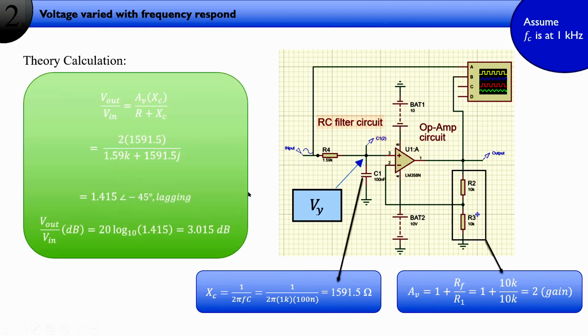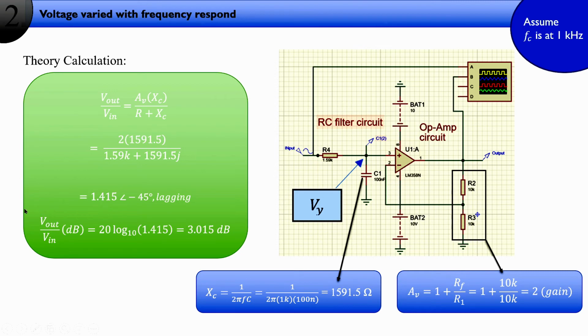To calculate the transfer function of this circuit, we use the transfer function in the s domain of Av times XC over R plus XC. As you can see from the formula here, this is the transfer function of the whole circuit. After calculating it, we get an output gain of 1.415.